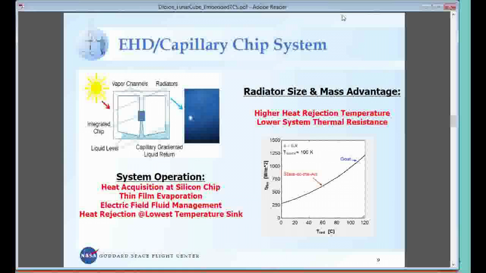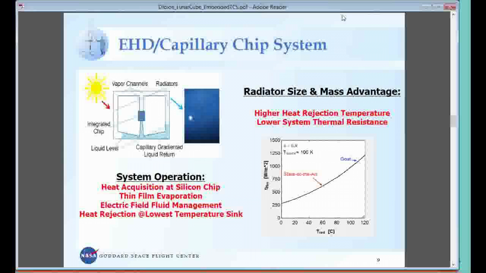Where it's going to be necessary, we will do some electric field fluid management, and we want to reject heat at the lowest temperature sink, which a capillary-based system will choose just based on pressure. But we also want to reject it at the highest possible temperature. That will save you on radiator space. Right? So we talked about that yesterday as well. So that's the tangible result that you get.